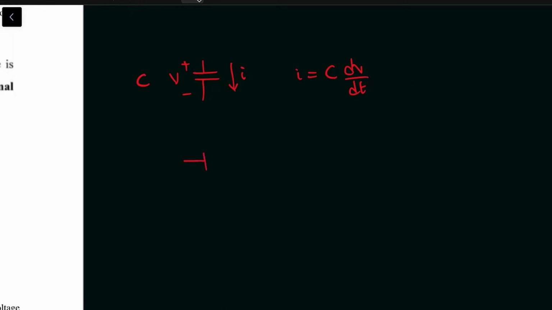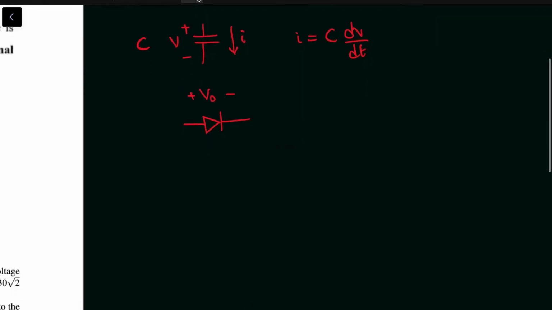And the diode, if it has Vd as plus minus as so, then for Vd greater than 0, the diode can be replaced by a short circuit, and for Vd less than 0, the diode can be replaced by an open circuit, that is during forward bias or reverse bias.